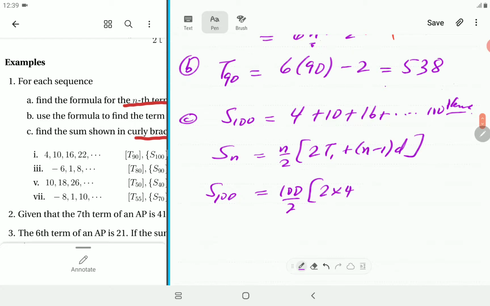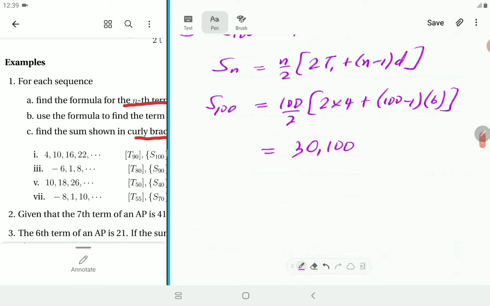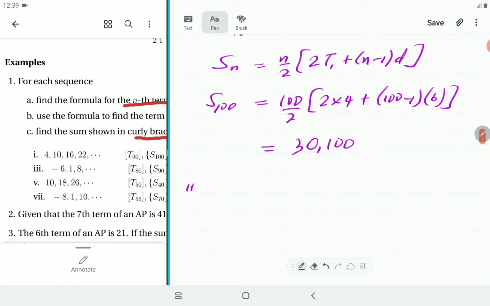T1 is 4, and then this is going to be 100 minus 1, which is 99. D is 6. Right, and then if we punch this in the calculator, it's going to give us 30,100. All right, so that's the first one.